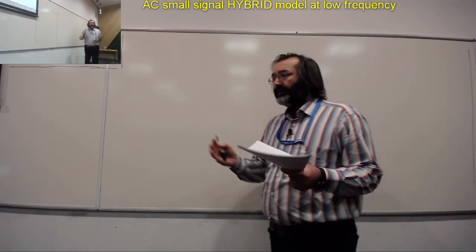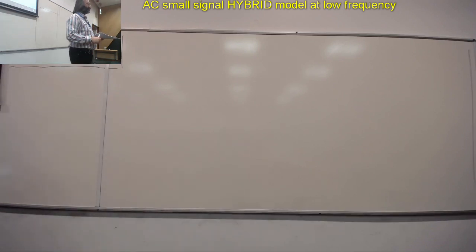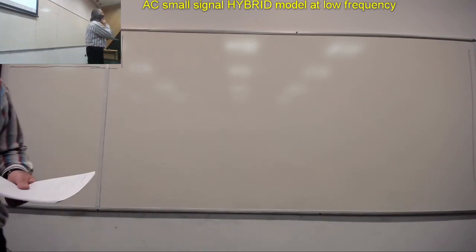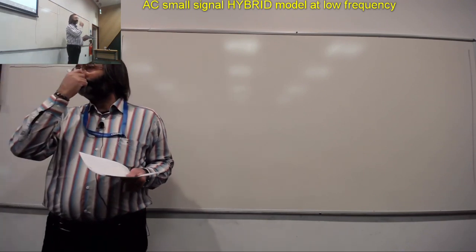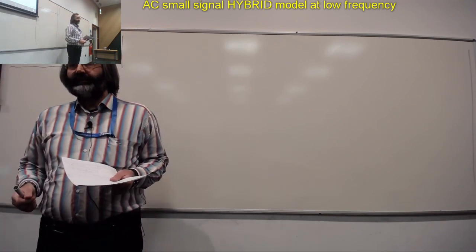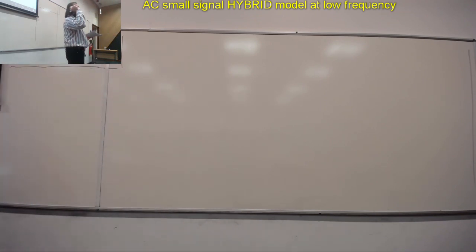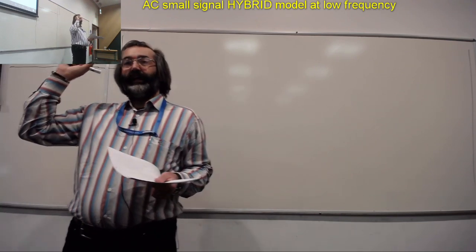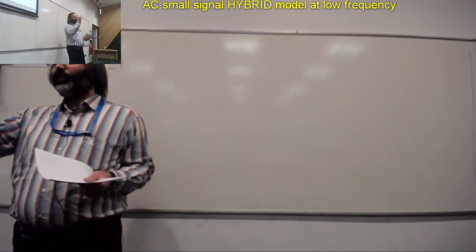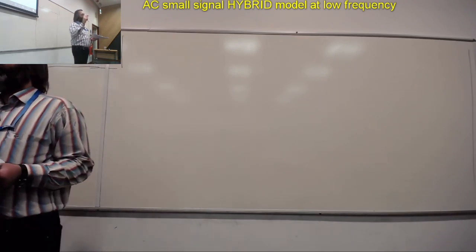We've seen how to use the fundamental equations of the BJT to do that. And all that was about placing this nonlinear component in a specific operating point that, if you remember, we call the quiescent point.